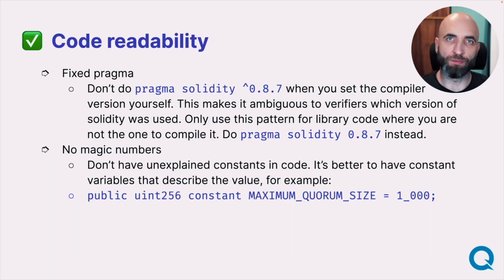Now for some very specific tips and tricks around code readability and for making the code easier to read and maintain. First is fixed pragma. So do not do pragma solidity 0.8.7 or later when you set the compiler yourself.